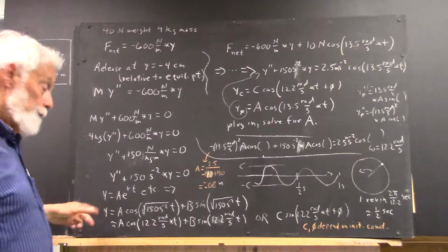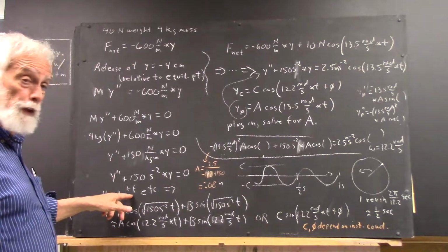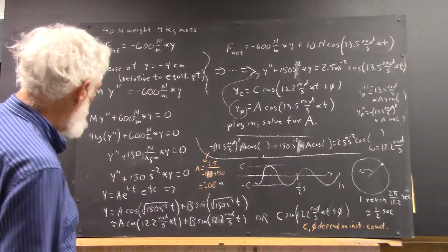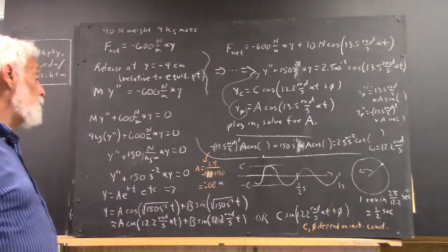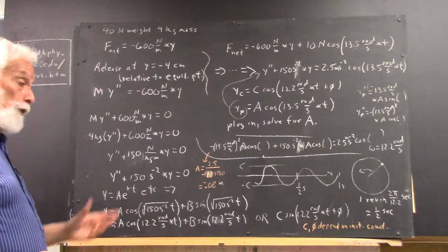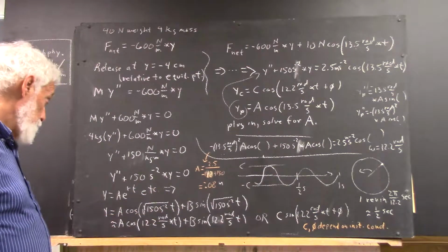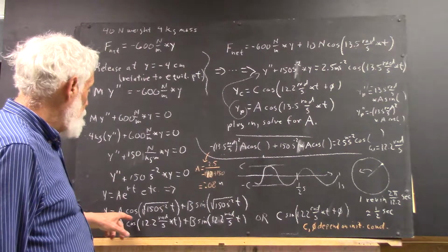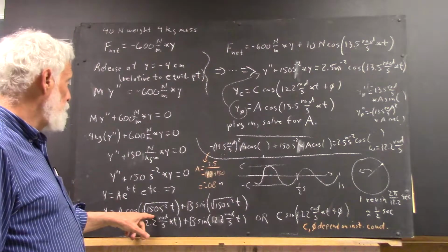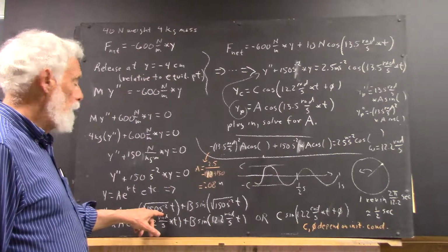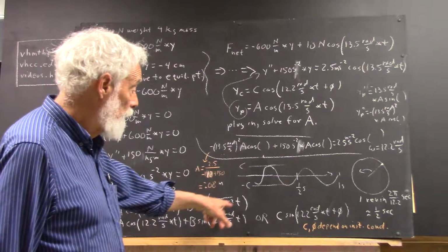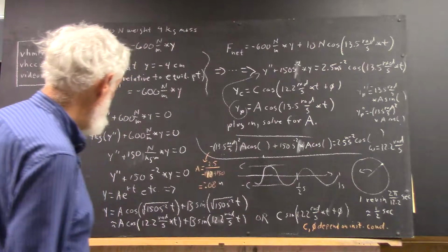Then we assume that y equals a e to the rt, something we're very used to doing now, and we get a characteristic equation and we solve it. The solution to that equation, that I'll allow you to write out and verify for yourself, is y equals a times the cosine of the square root of this 150 reciprocal seconds squared times t, plus b times the sine of that times t.